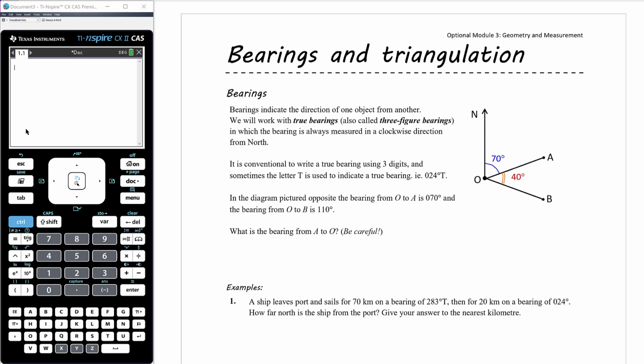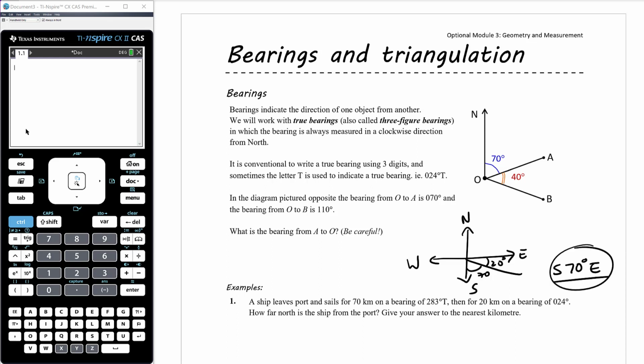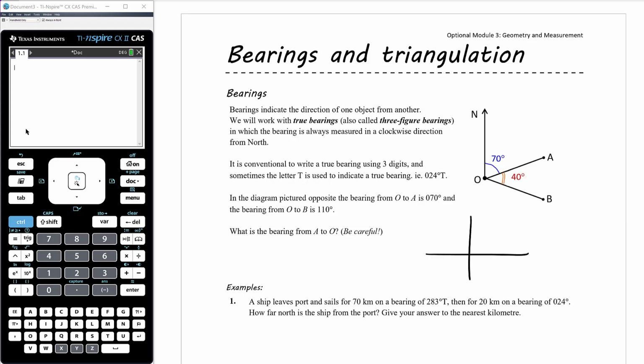Sometimes we see compass bearings where this is north and this is east and this is south and this is west, and if that angle there is 20 degrees, we might describe that as, actually, sorry, I've done that interestingly, so that would make that 70 degrees, and we always go north-south first, south 70 degrees east, and we would describe it as a compass bearing. So we know that it's somewhere between south and east, and from south to east 70 degrees. We're not using compass bearings here, we're using true bearings, which are always measured relative to north.